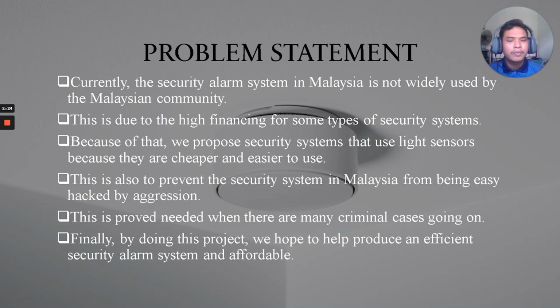This also prevents the security system in Malaysia from being easily hacked by aggressors. This is needed when there are criminal cases going on. Finally, by doing this project, we hope to help protect and make security alarm systems affordable.